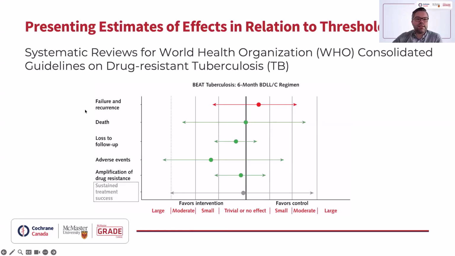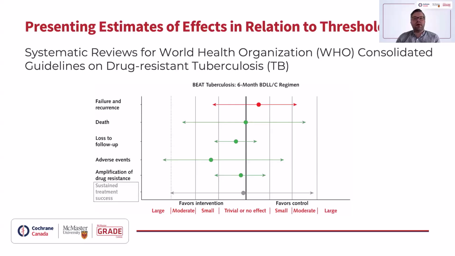And here we presented, for example, for the intervention of the new combined treatment regimen, an increase in failure and recurrence, trivial or no effect in death, a trivial or no effect or trivial benefit for loss to follow-up, a small benefit for adverse events, and a trivial benefit for amplification of drug resistance.